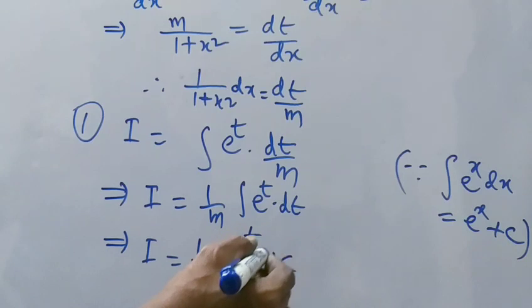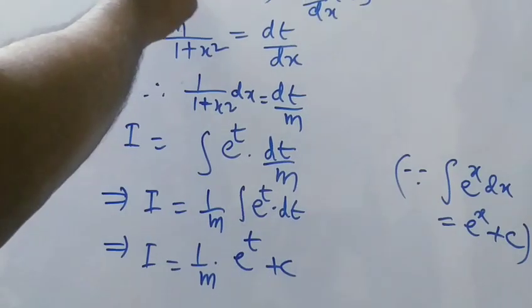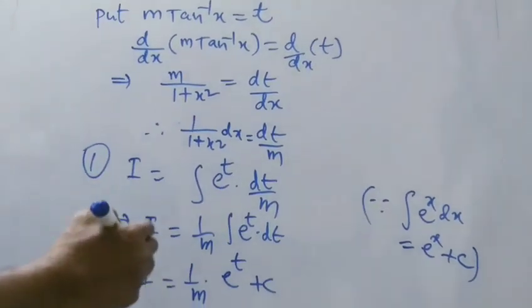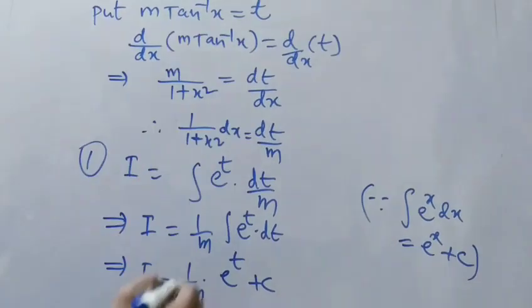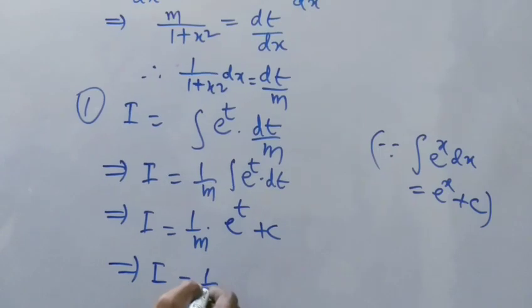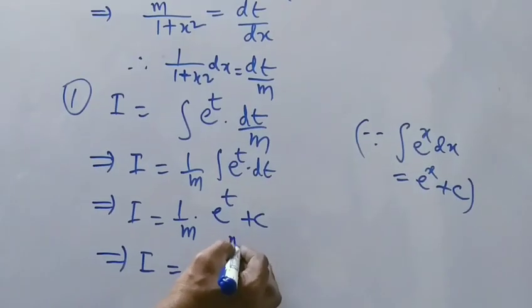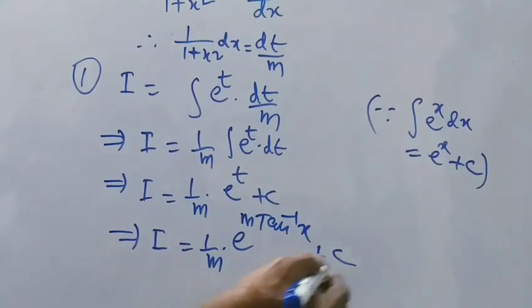Wherever t is equal to m tan inverse x, we substitute m tan inverse x in place of t. So I is equal to 1 by m into e to the power of m tan inverse x plus c.